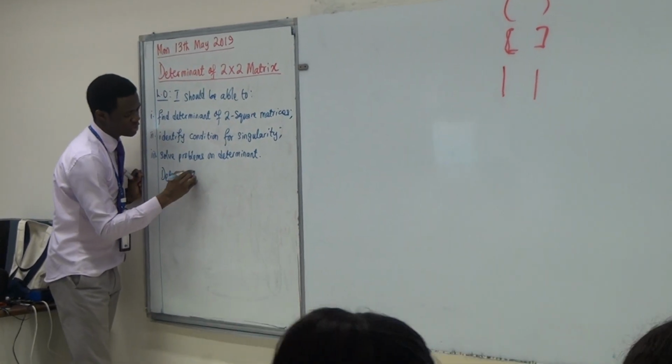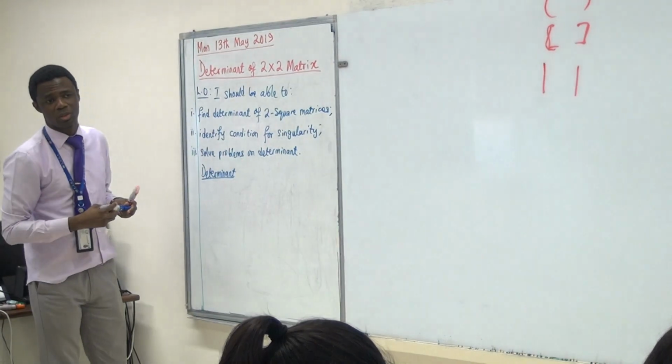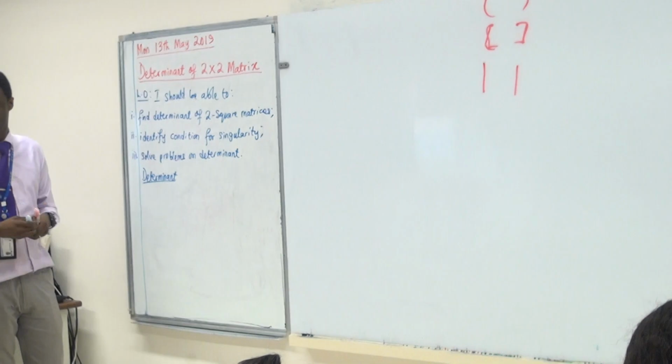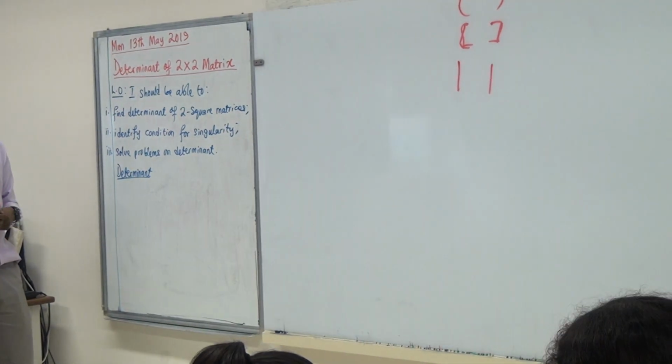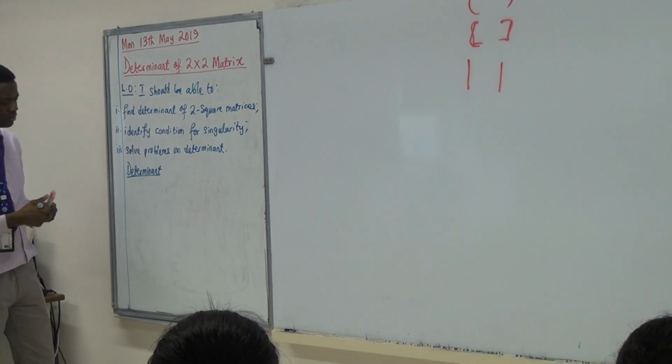For your IGCSE syllabus, you are only required to learn 2 by 2. When you move to higher grades, you learn 3 by 3 and maybe higher determinants. Higher determinant doesn't exist in high school, so forget about it.